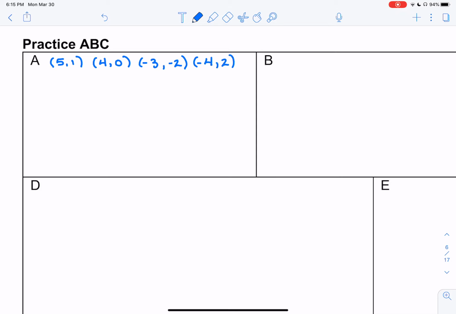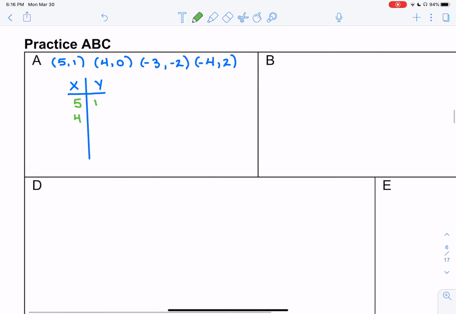As I'm going about trying to figure out how many x values are paired up with exactly one y value, there are a couple ways I could do that. The first one I'm going to show you is just an xy table. So I'm going to make my traditional xy chart that you've used before, and I'm just going to take the values that were presented to us and list them in the order they were presented: (5, 1), (4, 0), (-3, -2), (-4, 2).